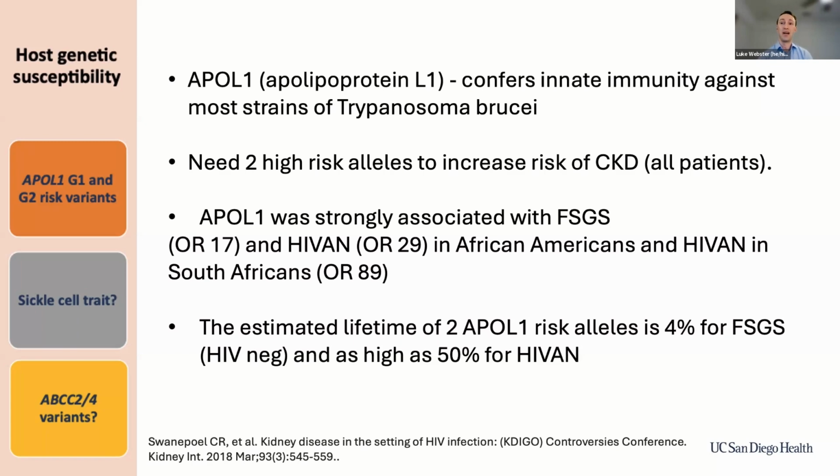Patients can have a higher 4% risk of FSGS if they have this genotype. Patients who have this genotype and have HIV are at an incredibly high risk of FSGS, and certainly of HIV-associated nephropathy, with an odds ratio of 17 to 29. In fact, the highest risk includes patients who are South African, and that can include a lot of other social factors.